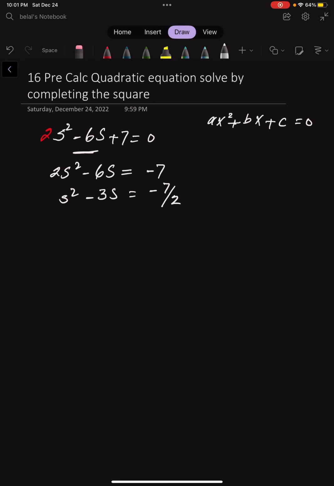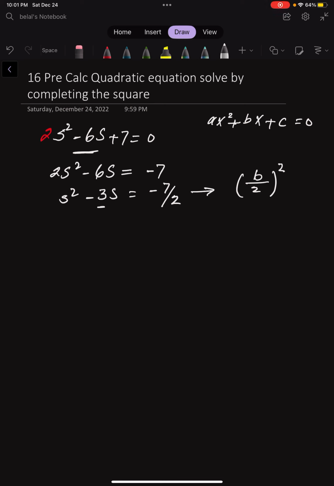All right, so this is a form where I can get my b value. So what's my b value, which is the value I'm going to add to complete the square for the quadratic equation. The value I need to add to both sides is b over 2 all squared.